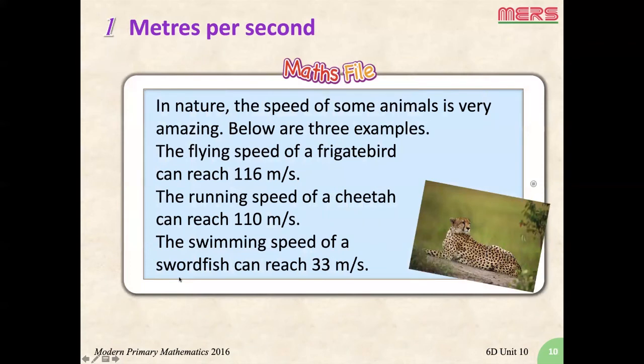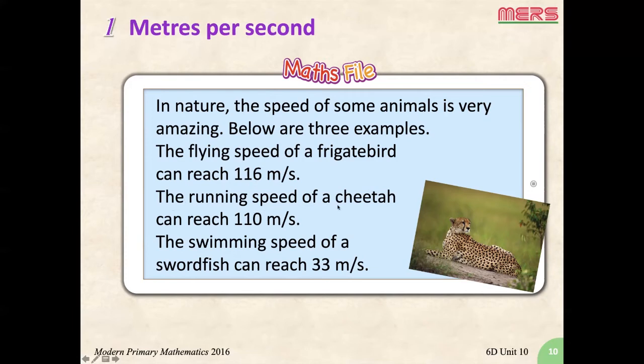And here are some daily examples using speed for animals, okay? And there are 3 examples. The flying speed of a frigate bird can reach 160 meters per second. That means for each second, the frigate bird can fly 160 meters.